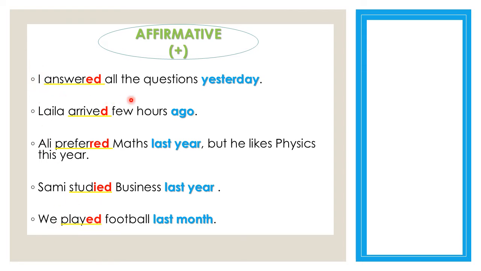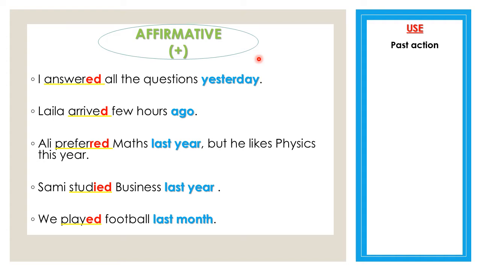Why did we put the sentence in the past? Okay, I answered all the questions when? Is it today? No, it's yesterday. And yesterday is a time expression of the past. In general, when do we use simple past? We use simple past when we talk about past actions, actions that happened in the past.